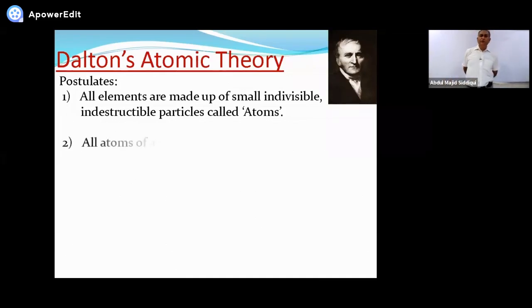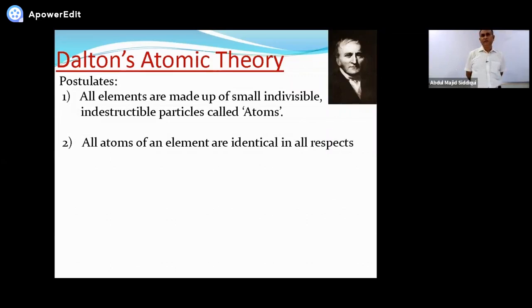Alright? Point number two is a very simple, logical postulate. Suppose you have aluminum foil, and aluminum foil is an element. It means if you have a piece of aluminum foil, then all the atoms in that piece of aluminum foil would be identical in all respects.